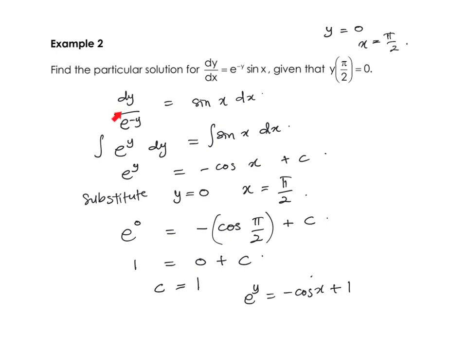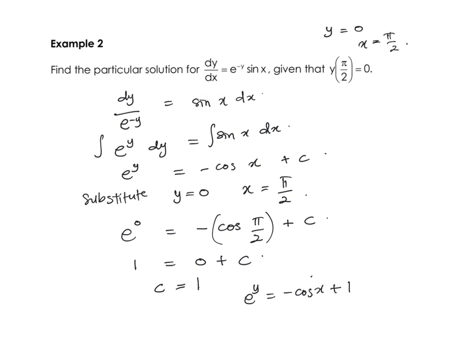Next, dy over e to the power of minus y equal to sin x dx. This one we write as e to the power of y dy.